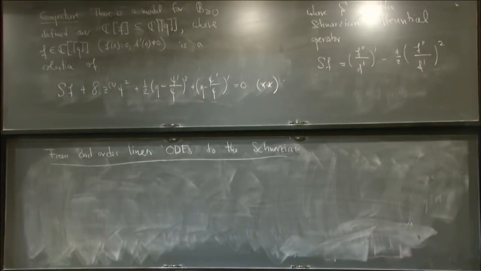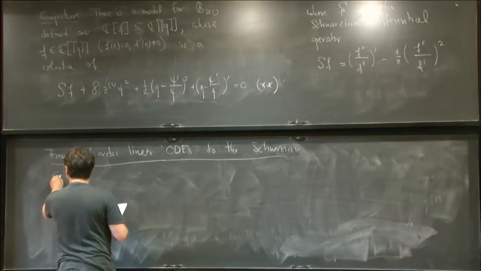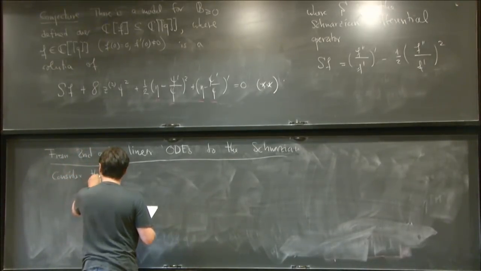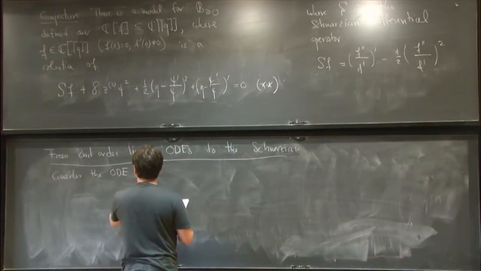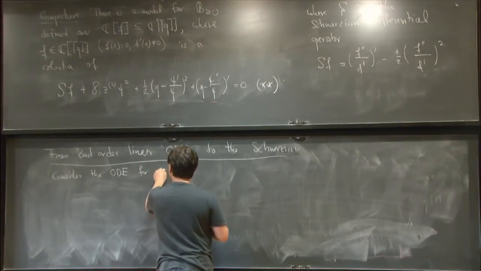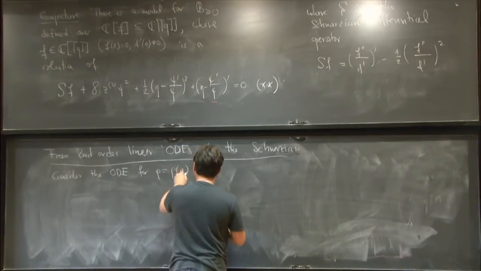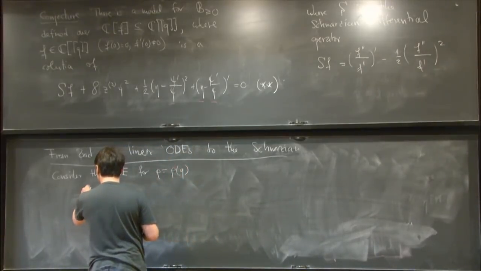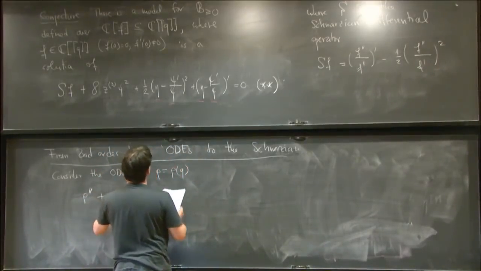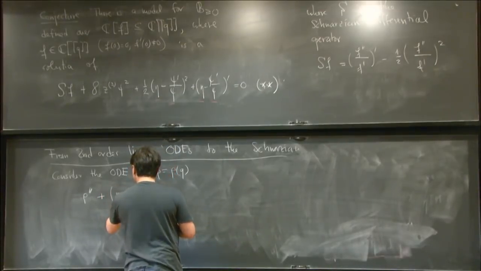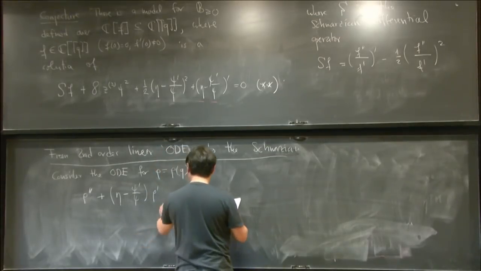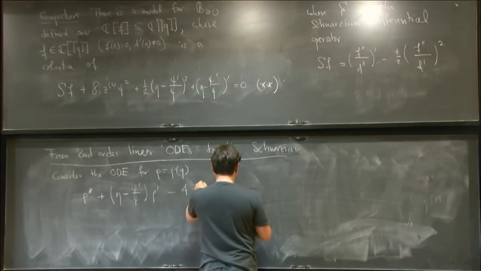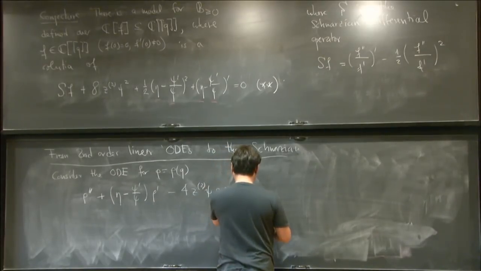For these monster coefficients here, consider the ODE for a function of Q. Again, this is a formal differential equation, but now it's a much simpler differential equation, rho double prime. It has our usual coefficients, and you'll see them coming up. It's much shorter to write down. Minus 4 z2 psi rho equals 0.